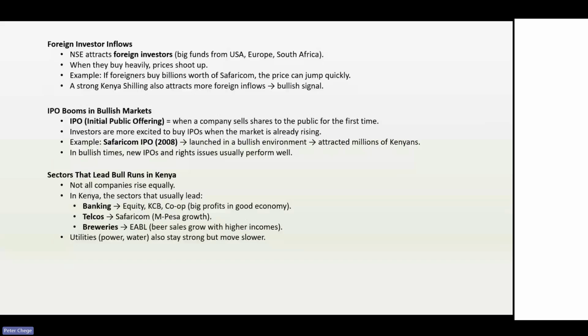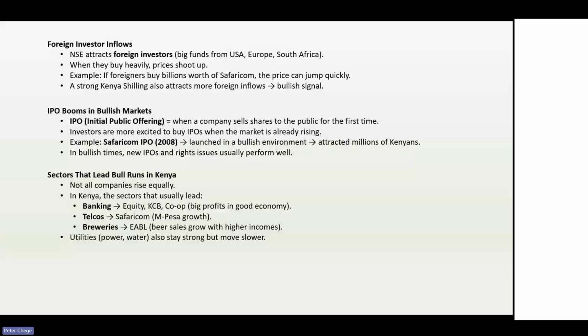Then we have foreign investors coming into NSE. So you find funds from outside, they want to invest in NSE. So you find foreign investors are placing more buy trades than we, the local investors, on the sales side. Again, demand overshoots supply.